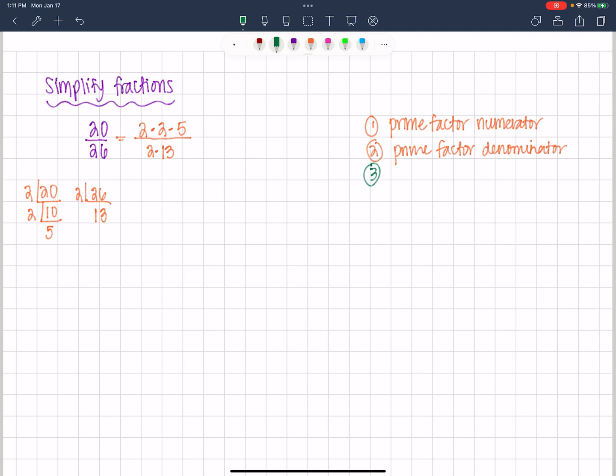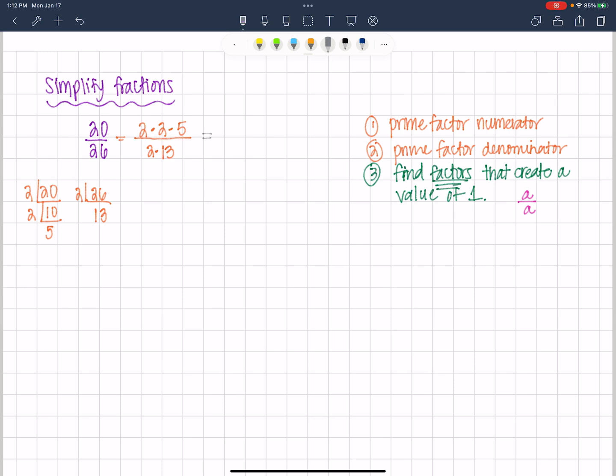You are going to find factors that create a value of 1. We're going to find a factor that creates a value of 1. So values of 1 would be any number over itself. So I need A over A.